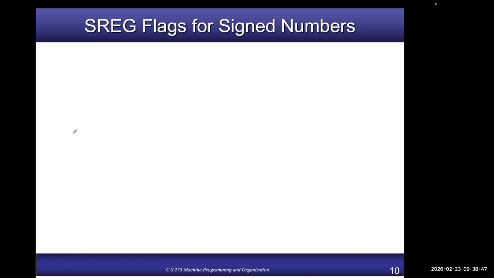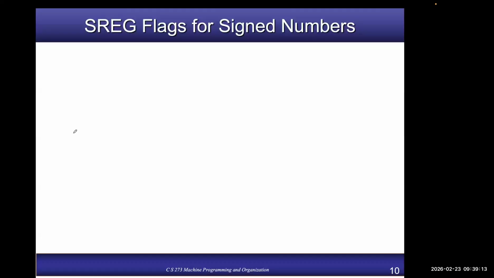But what if the numbers which we are comparing, the registers which hold the numbers, what if I interpret those numbers not as unsigned numbers but as signed numbers? Then can I still use the same instructions like branch if low, branch if same or higher, branch if carry is set, branch if carry is cleared, right?